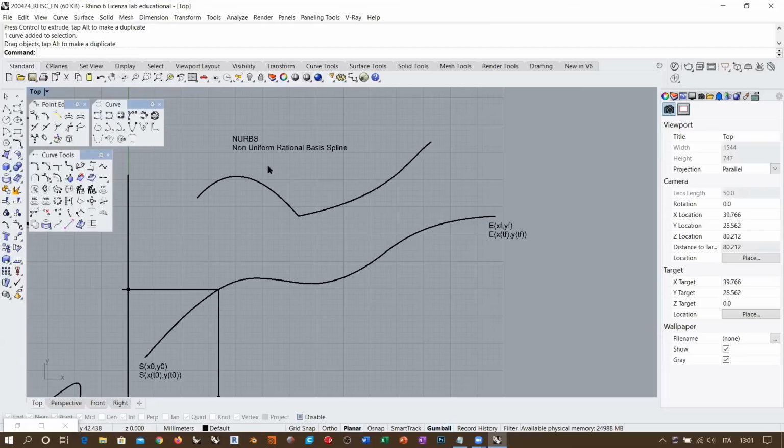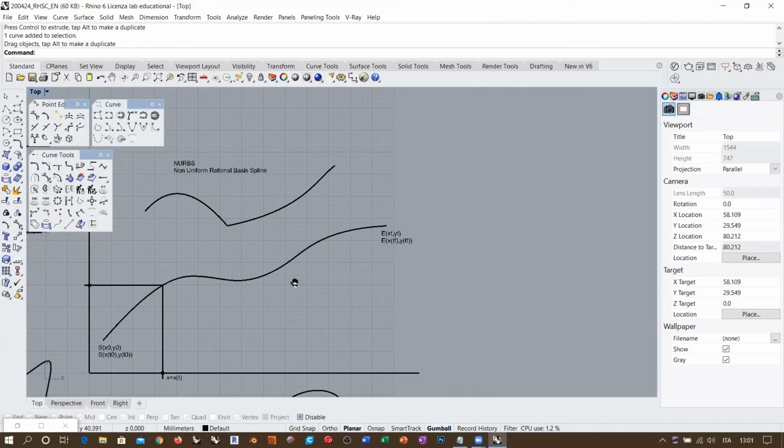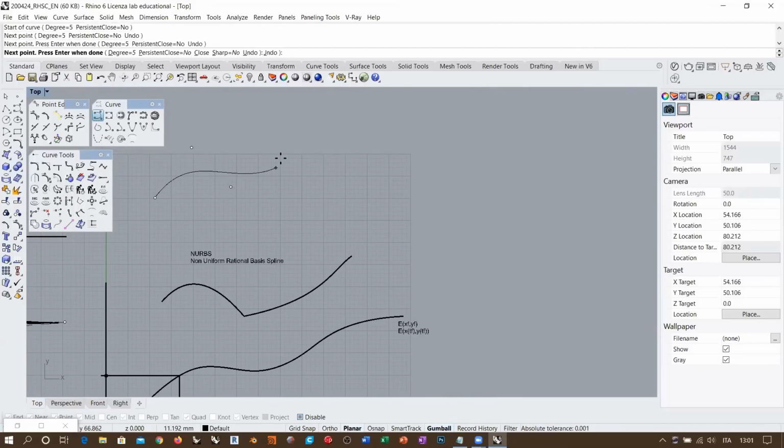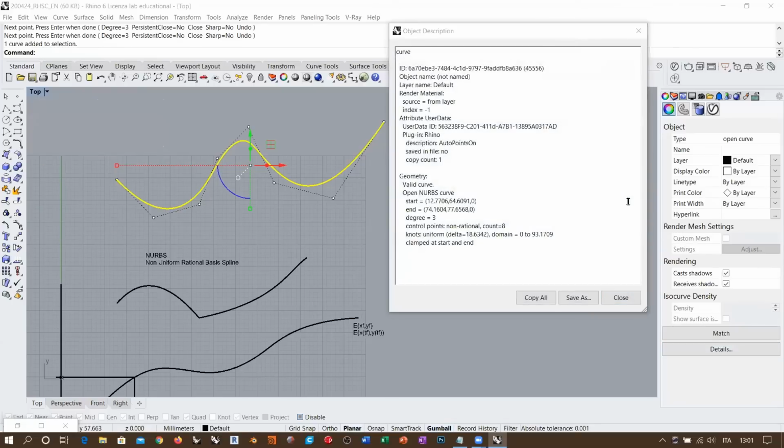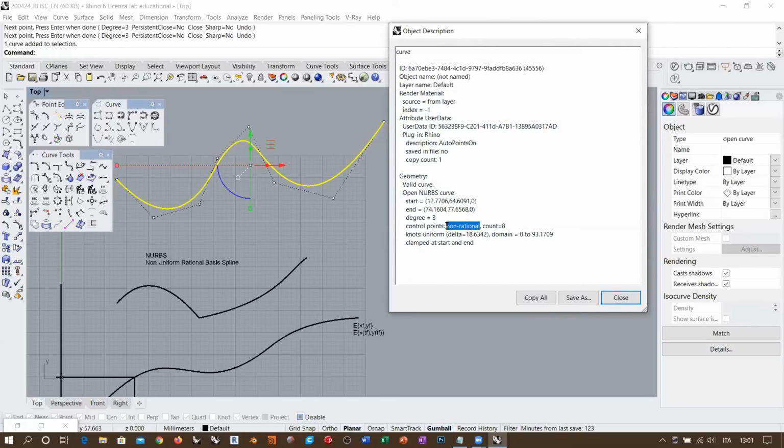Rational. So for example, if you have this curve here, oh, sorry, this is degree 5. If you have this curve here, and you take a look at the description here in Rhino, it says that it is non-rational, okay, but it is uniform. Uniform has to deal with the knot vector.